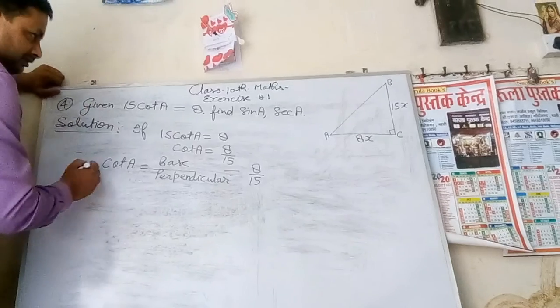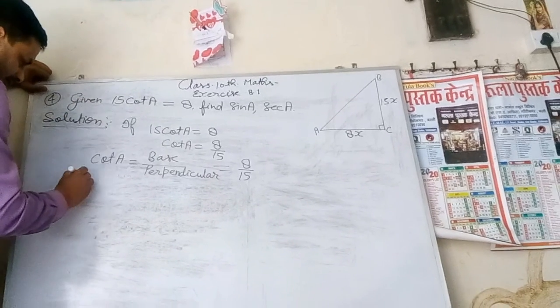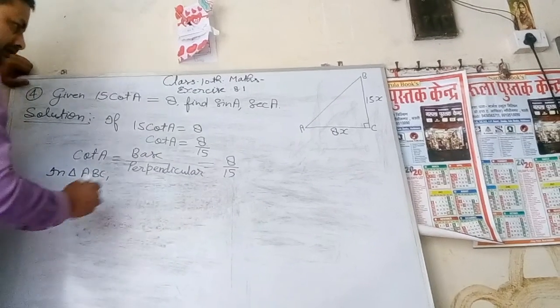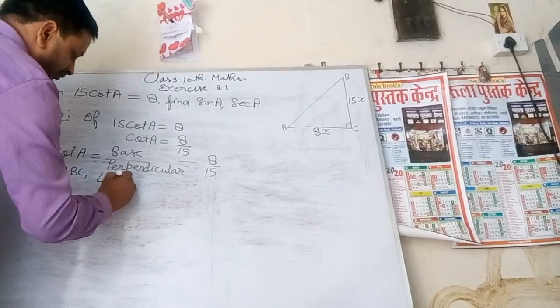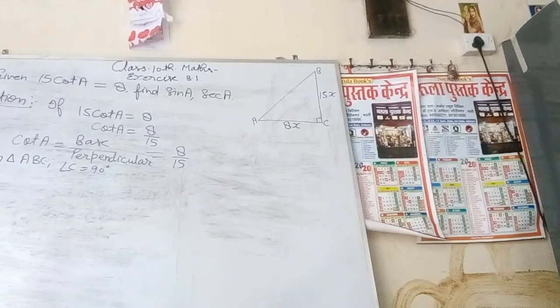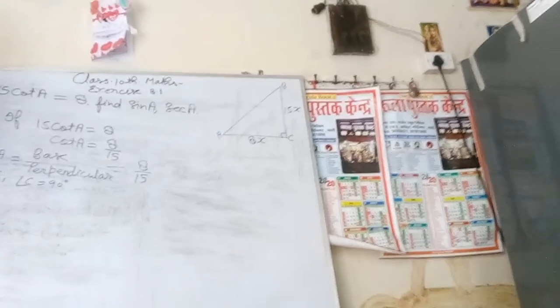So in triangle ABC, angle C equal to 90 degrees, then AB is the hypotenuse.